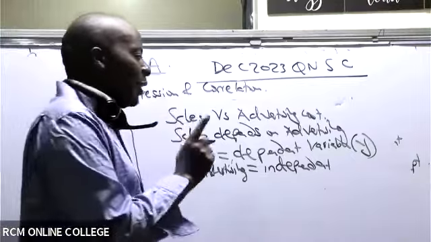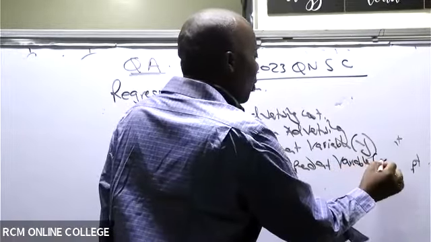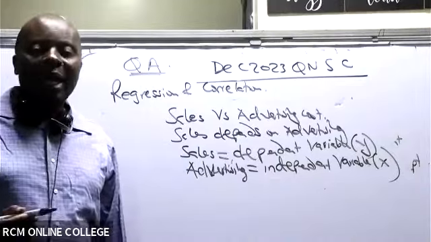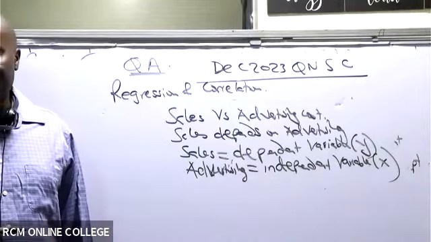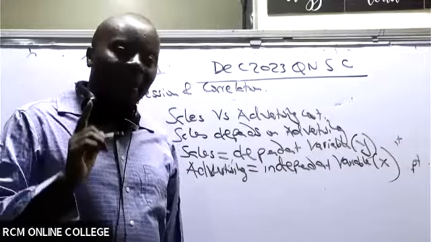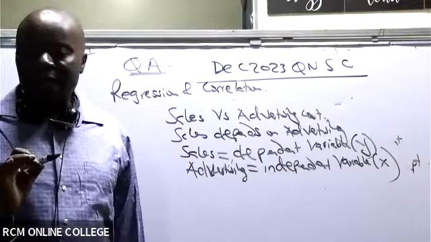And the independent variable will be your X. So always remember, dependent is Y and the independent is X.